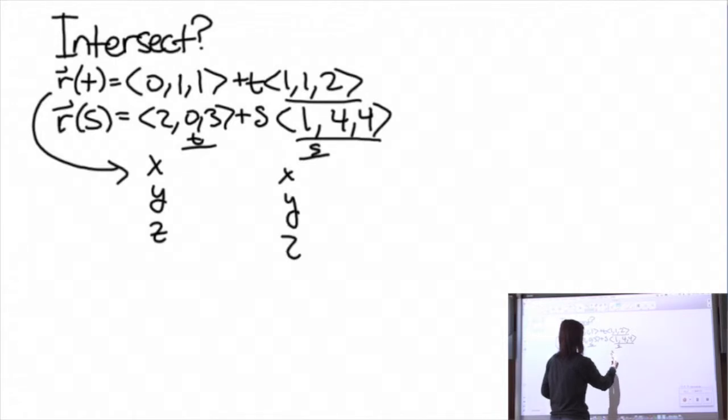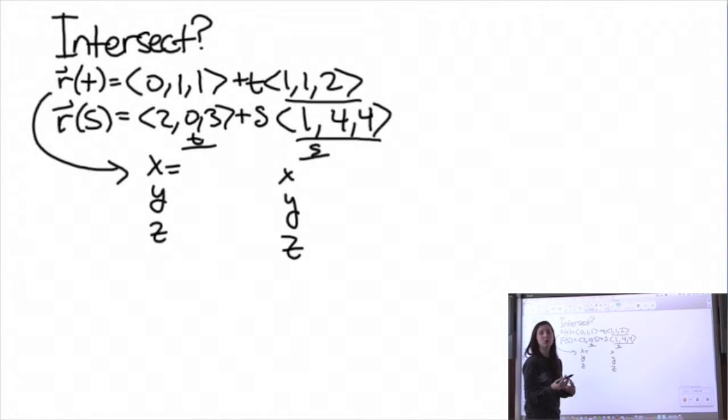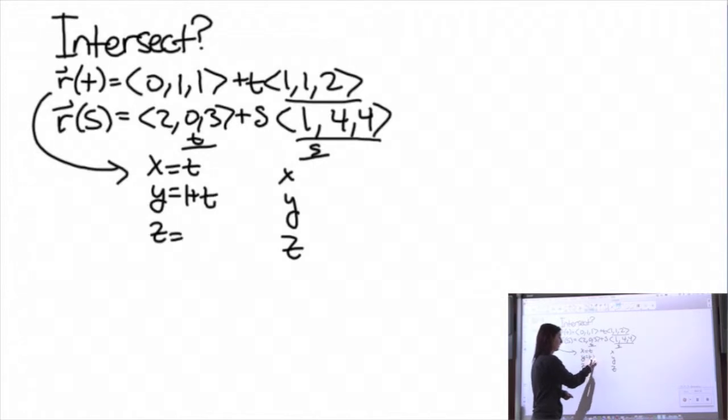So x, y, and z. As you probably know, the x equation is 0 plus 1t, so we just label it as t. Now, the y of t is going to be 1 plus t, and the z is going to be 1 plus 2t.